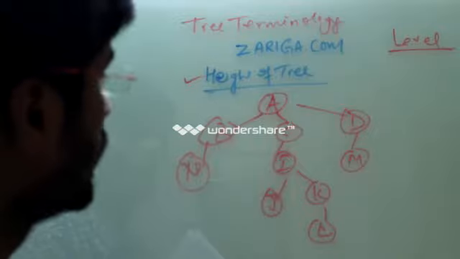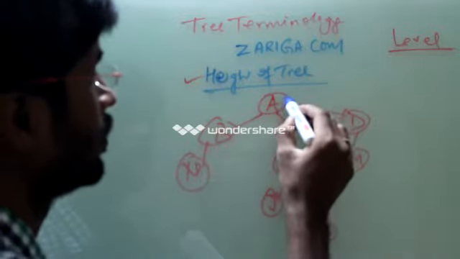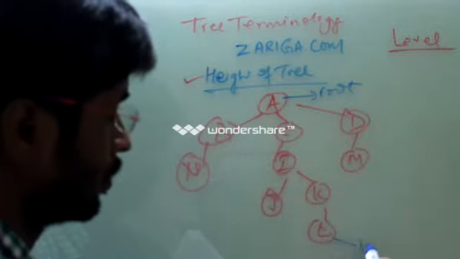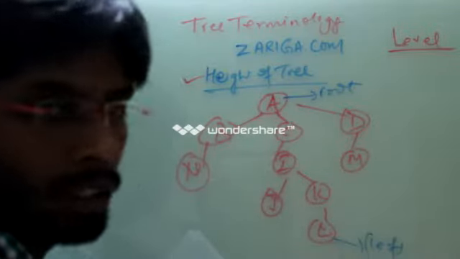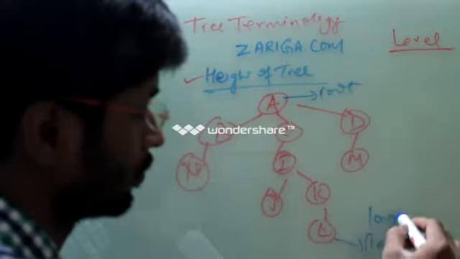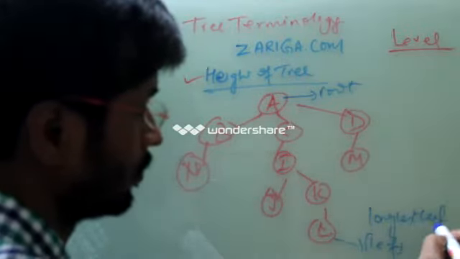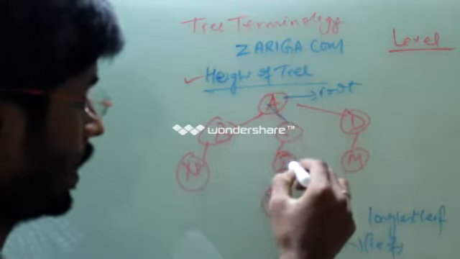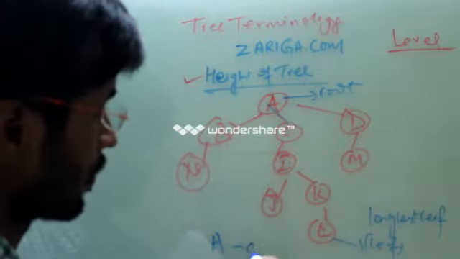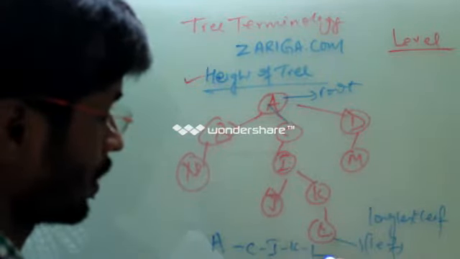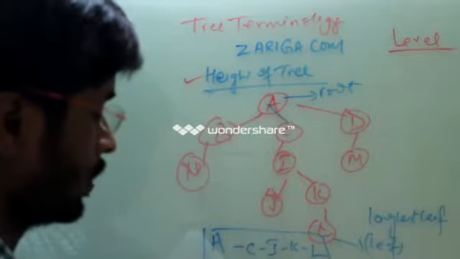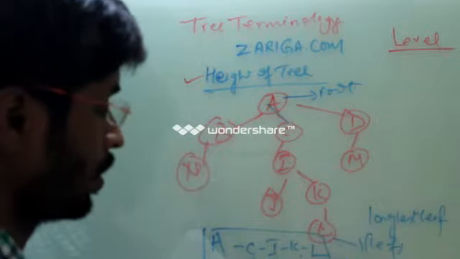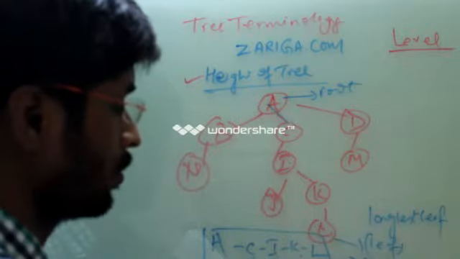The height of the tree is defined as the path from the root node to the longest leaf node. So in this case A, C, I, K, L is the height of the tree. If we denote by number, 0, 1, 2, 3, 4, so the height of the tree is 4.